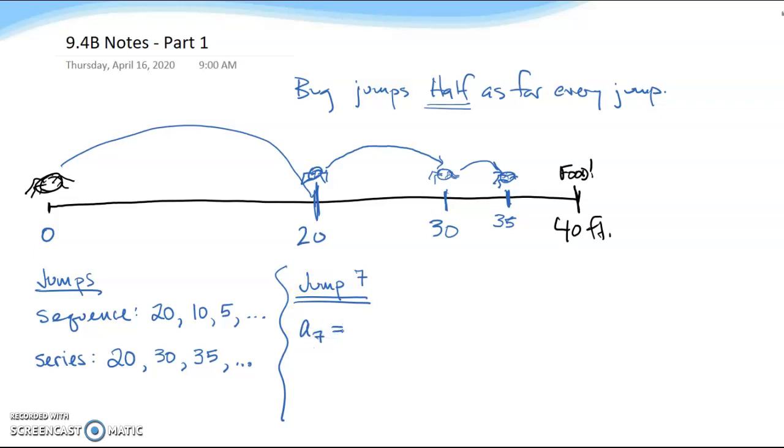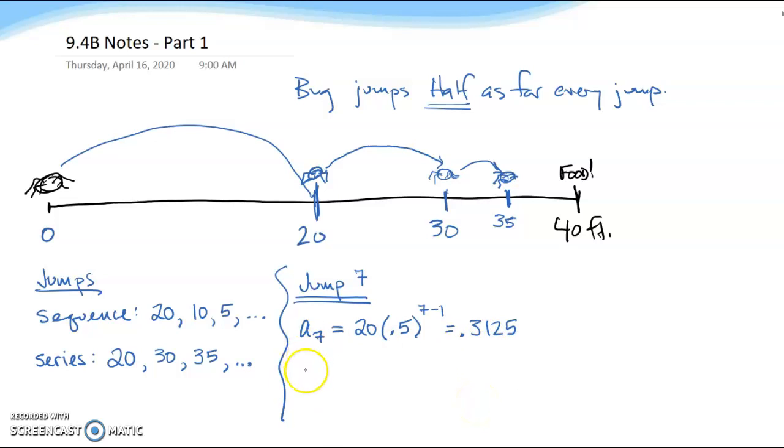So his 7th jump would be the first term of 20 times the r value of 0.5 to the 7 minus 1, right? So a little good review of geometric sequences. And so how big is that 7th jump? 0.3125. So, boy, he must be really tired. His 7th jump is very, very short, less than half of a foot.